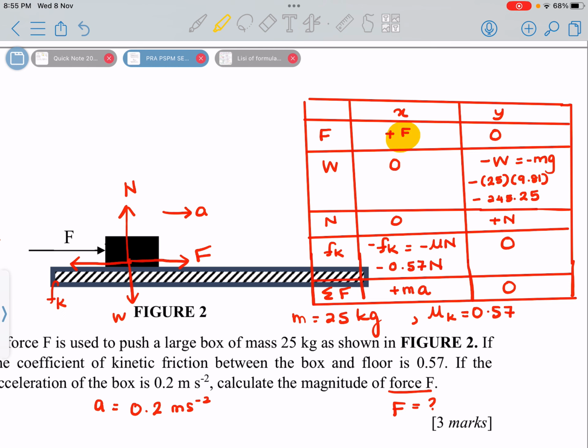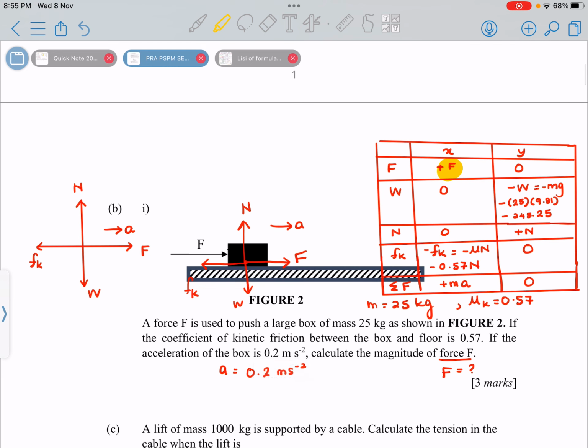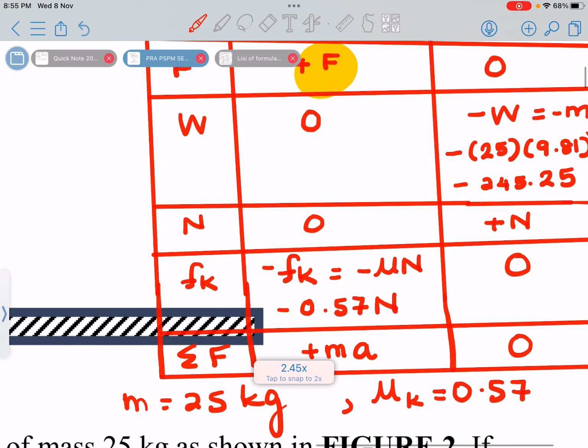Okay, so I think we could try to tambahkan semua. So maksudnya F tolak 0.57 N sama dengan positif MA iaitu 25 A, and then we have another one. So negative, let me double check my calculator. 25 darab 9.81 is 245.